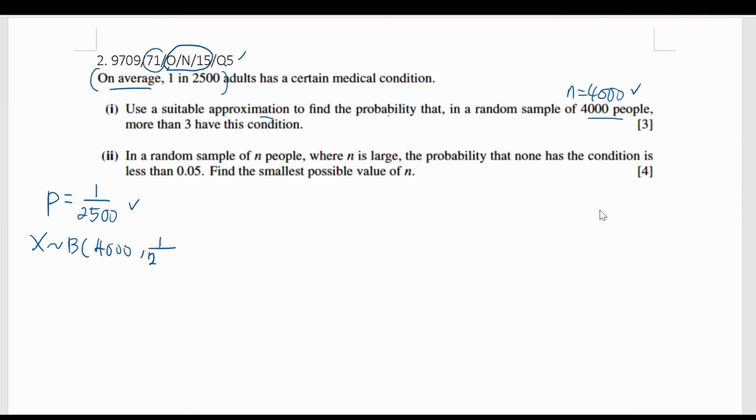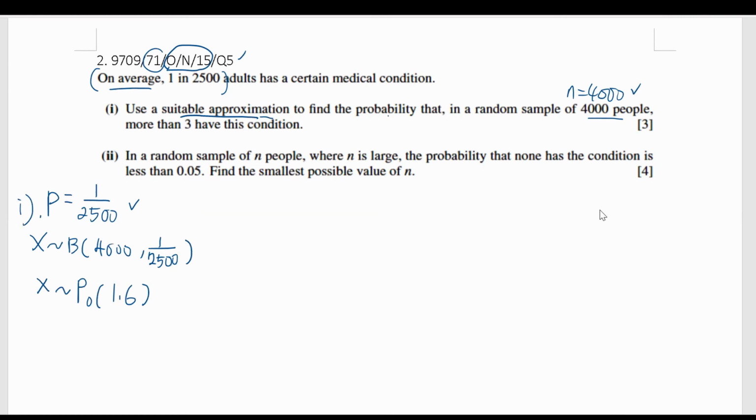But the question is asking for a suitable approximation, and with such a large n and small p, we are going to use Poisson approximation, where the mean lambda is np, so 4,000 times 1 divided by 2005, which is 1.6. And 1.6 is less than 5, so it satisfies the condition and is a suitable approximation here.